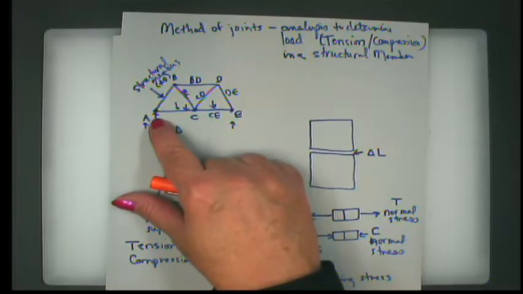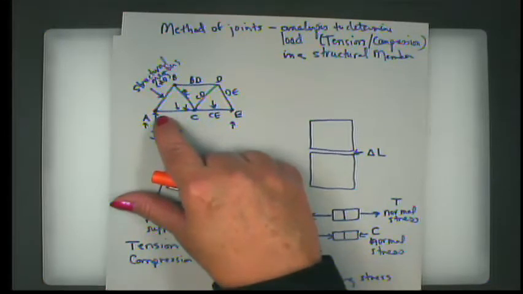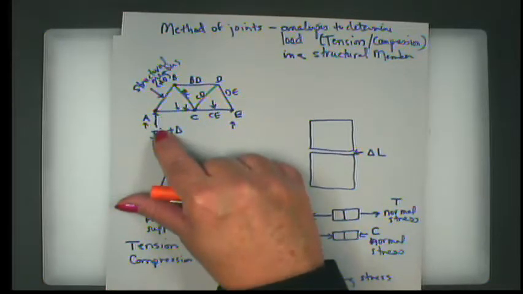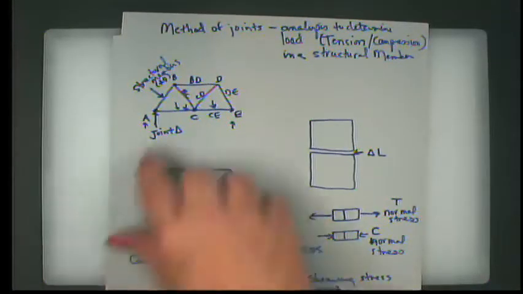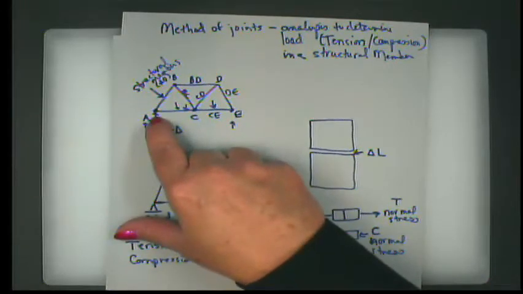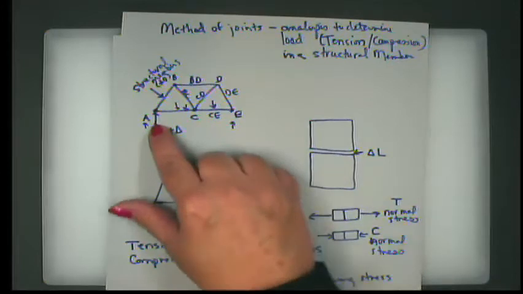Because what would happen if it wasn't? If we had more load here and this was just pushing really hard on joint A, what would happen? It would break. That is exactly correct. And if it breaks, we no longer have a structure. So by virtue of the fact that it's not breaking, we can guarantee that the forces going into this, vectorially added together, have to equal 0.